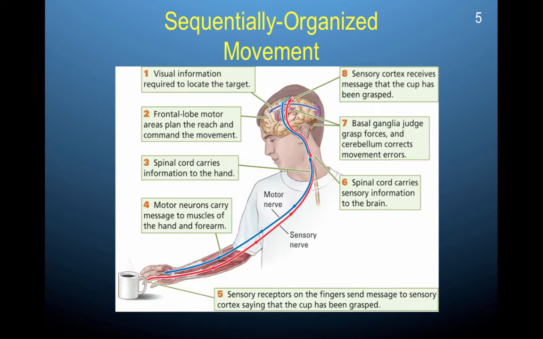The spinal cord is going to carry this information down, and so on and so forth. So movement involves a cycle of outgoing instructions and incoming information that indicates whether those instructions have been carried out or not. And this cycle goes through continuously so that your body can effectively interact and move within the environment.